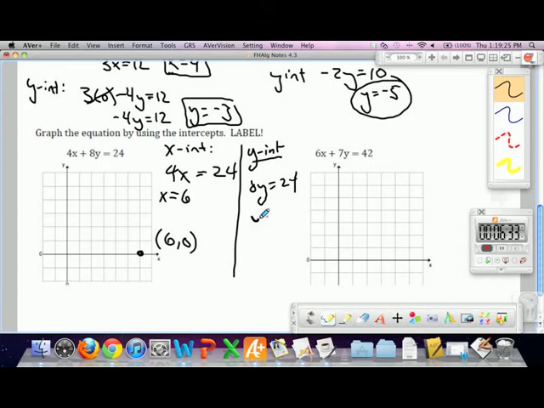So I'll find the spot on the y-axis where y is 3. So we count up 3. 1, 2, 3. I've gone left and right 0 and up 3. That's the label for my y-intercept. So I have 2 points. Draw a line.